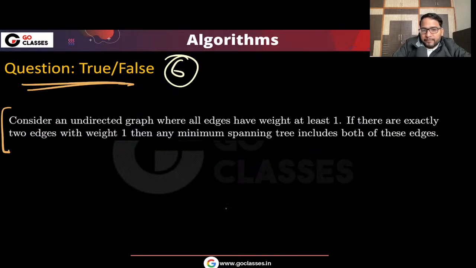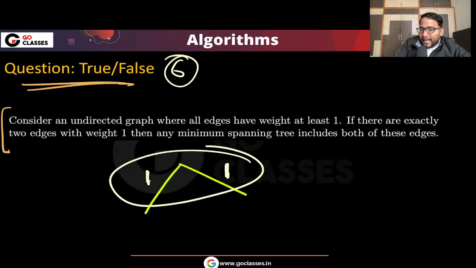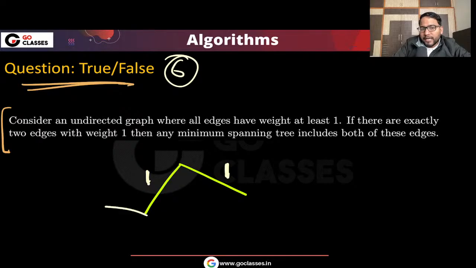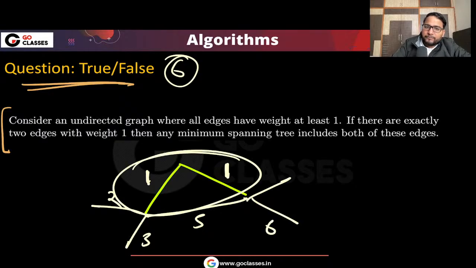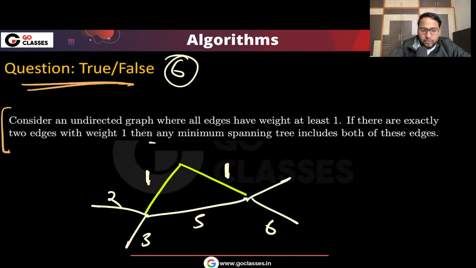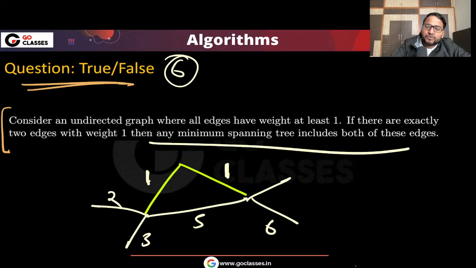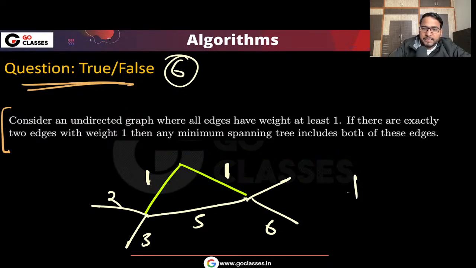So they are saying you have 1 and 1, exactly 2 edges with 1, and everything else is greater than 1, 2, 3, 5 or whatever. Then these 2 edges are part of every MST. Is this true or false? This is true.